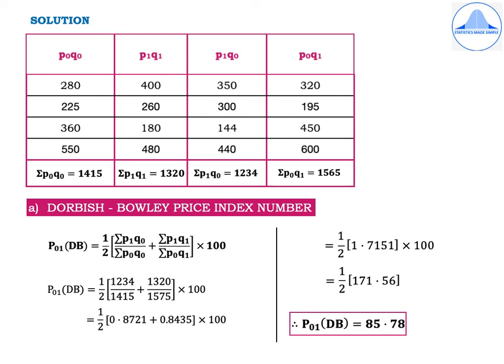Remember always to take 4 places after the decimal after rounding off. So which is equal to half into 1.7151 into 100, which is equal to half into 171.56 or P01 of dB is equal to 85.78.